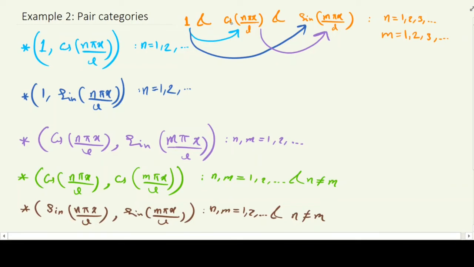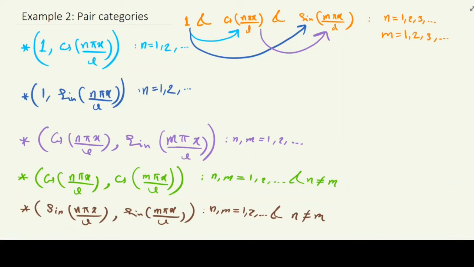So you can have, for example, cosine 1 times pi x over L and sine of 1 times pi x over L, right? So that's the third scenario.